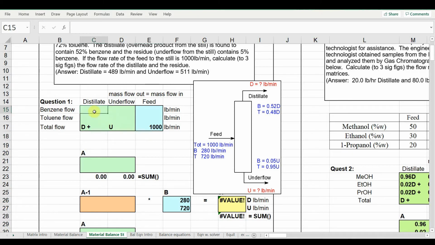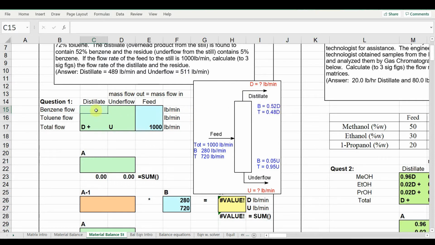Generally, we can write a mass flow equation for each component in the system. Let's do it first for benzene. What is the flow rate of benzene in the distillate? We don't know, but it's 0.52 times whatever the distillate flow is.